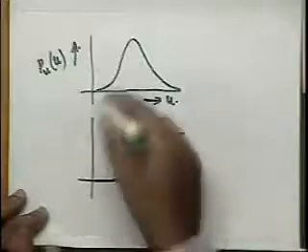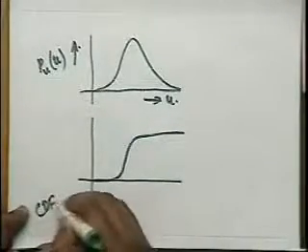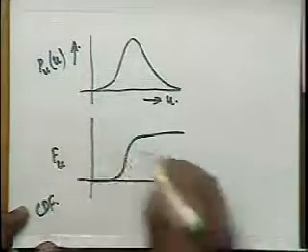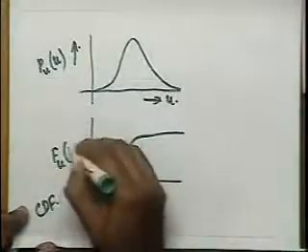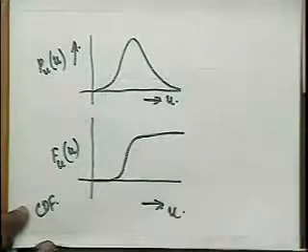This was the probability density function, and the cumulative distribution function will be like this. Rather, this I will write as FU u, and on this axis will be my u.